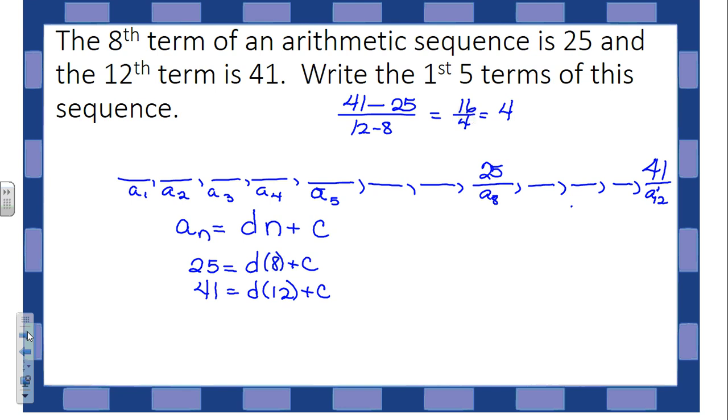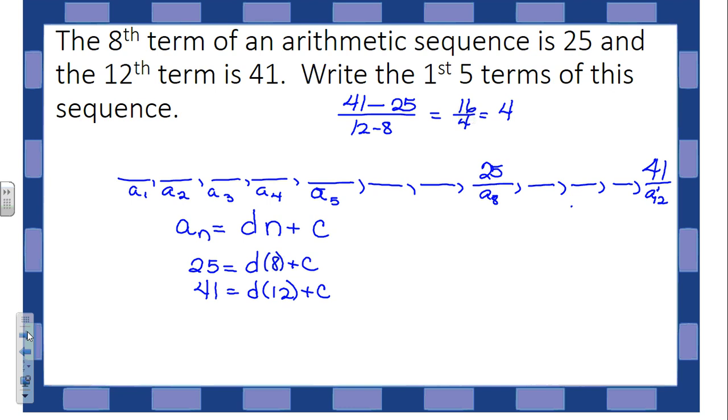So we could write this whole pattern out like this, and we could now use our common difference of 4 to generate all of our terms, right? We could back it off and go forward or whatever. Or we can also realize that the 8th term is 25, right?